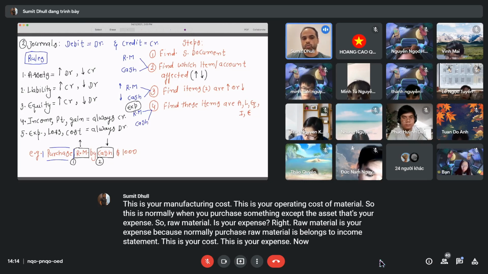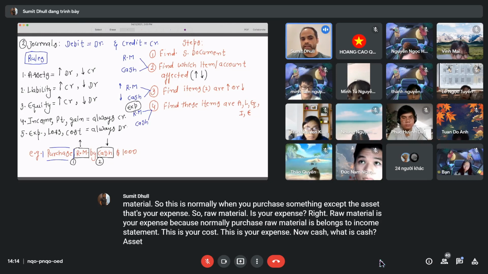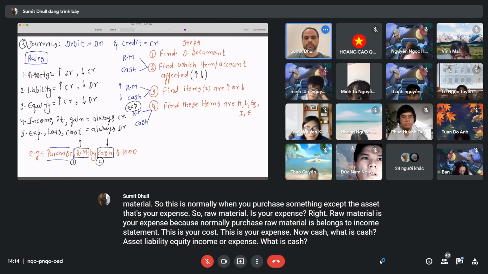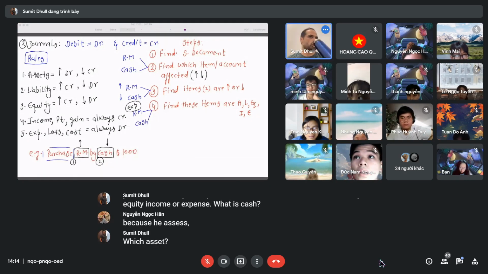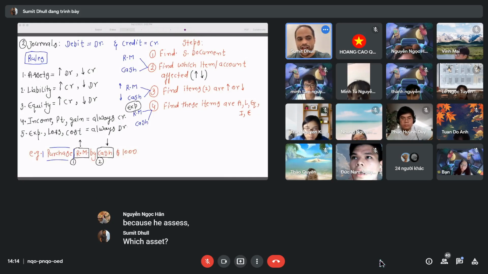Now cash. What is cash? Asset, liability, equity, income, or expense? What is cash? Cash is asset. Which asset? Current asset.